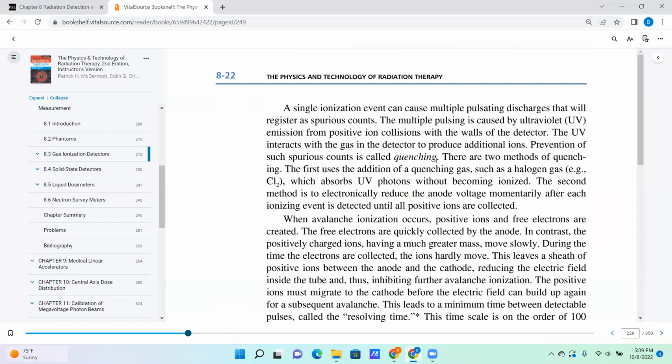Prevention of such spurious counts is called quenching. There are two methods. The first uses the addition of a quenching gas, such as a halogen, which absorbs UV photons without becoming ionized. The second method is to electronically reduce the anode voltage momentarily after each ionization event is detected until all positive ions are collected.